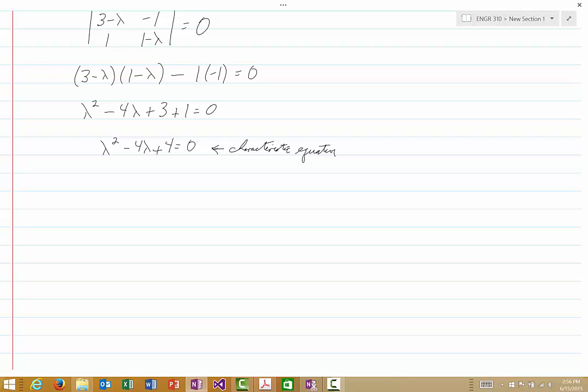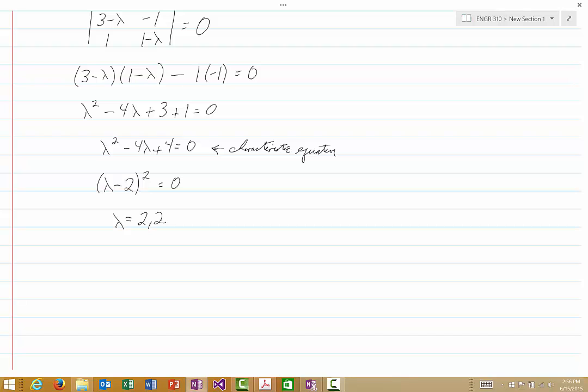Okay, and in this case, if you try to solve this equation, you will notice that this can be factored as lambda minus 2 quantity squared is equal to 0. So in fact here we have what's called a repeated eigenvalue. The eigenvalue 2 is repeated 2 times.